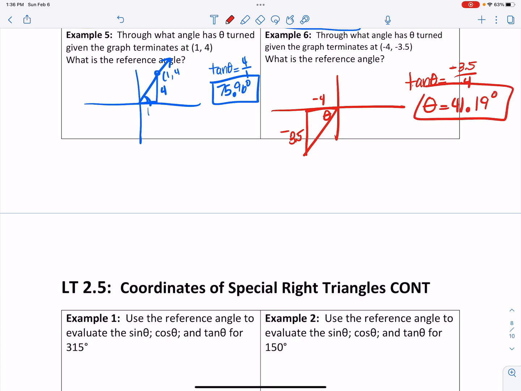Okay, look at this angle. This angle is not 41.19 degrees. That is the angle it's turned from standard position. So, excuse me, Lordy. It's not the angle. That is your reference angle.